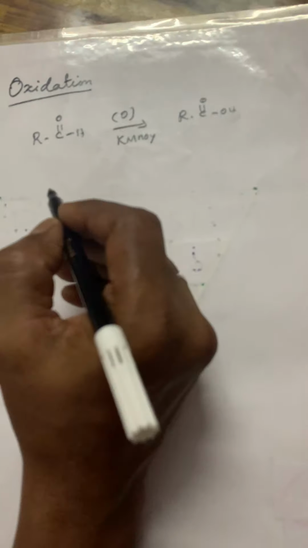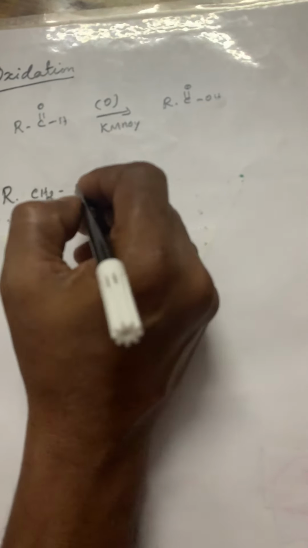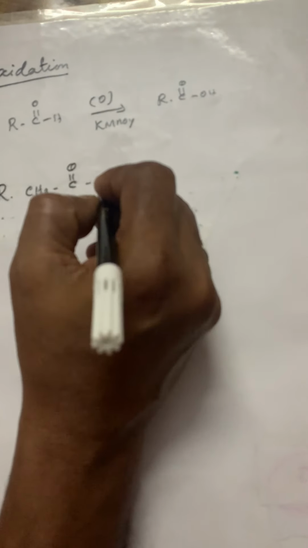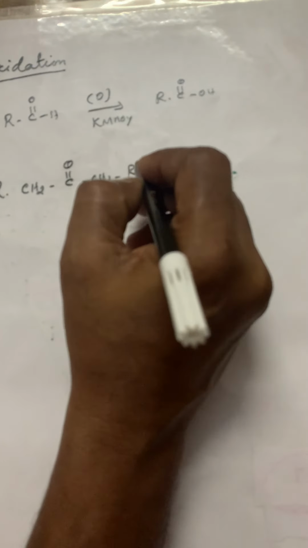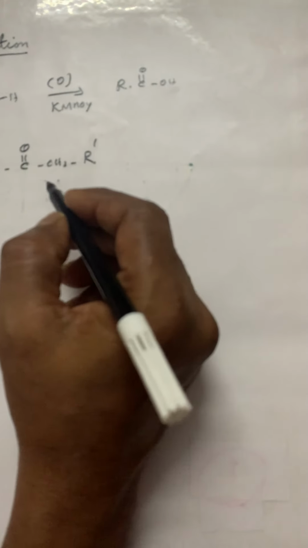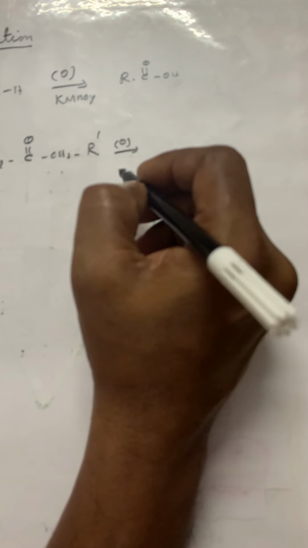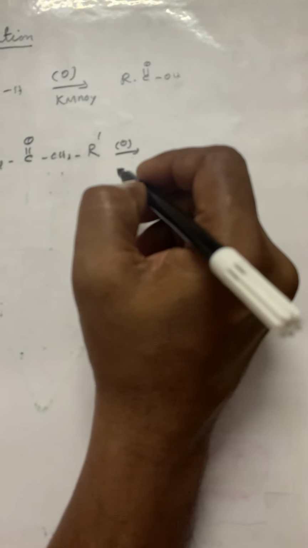For example, RCH2, C double bond O, CH2R'. These undergo drastic oxidation with a strong oxidizing agent.